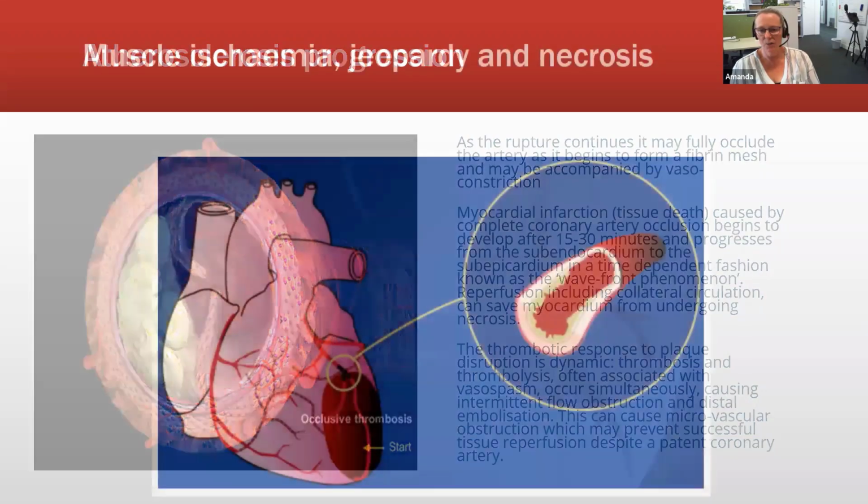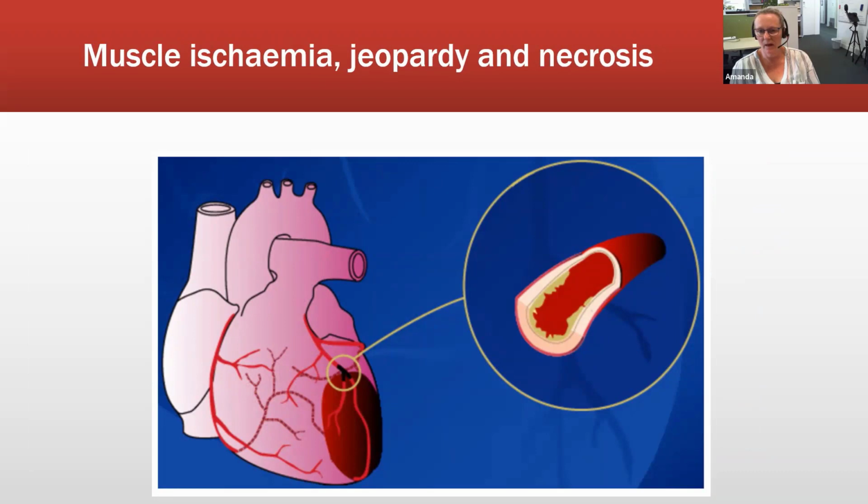And in the big picture, we can see that this is where the thrombus now has blocked off the artery completely, and there is no oxygenated blood getting into this section of the heart, which means that the cells and the muscle start to die.